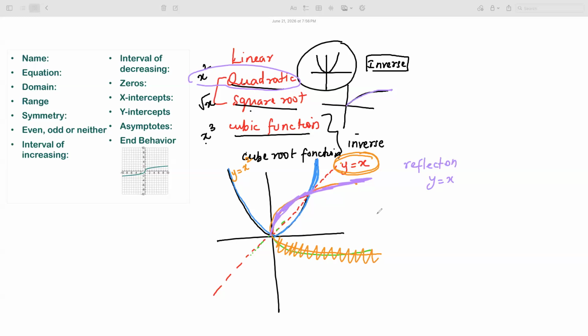Sometimes when you reflect it, it may not be a function at all. That's when you delete off the negative part of the domain. In this case, I'm deleting the negative part of the domain, so this goes off in my inverted graph. Now it is a function, and it is a square root function which is only defined for positive numbers. Makes sense?